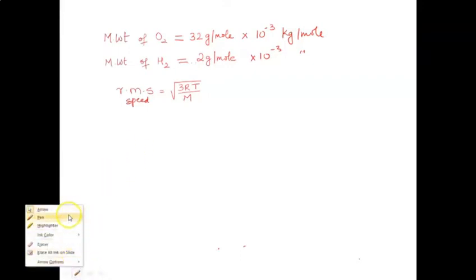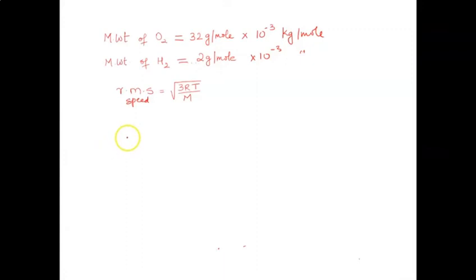So here we write, on one side, the hydrogen gas: when will its root mean square speed be equal to that of the oxygen gas? At what temperature will it be equal? So substitute the formulas: square root of 3RT upon M. If this side is oxygen, I will write TO, the temperature of oxygen, and the molecular weight of oxygen.